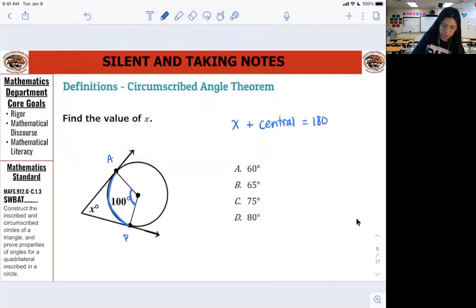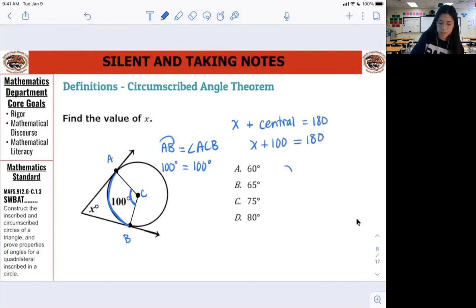I'll call it AB. So arc AB, I'll call this C, is equal to angle ACB. So if the arc is 100 degrees, the angle is also 100 degrees. So Perla was right all along. Subtract from 180, we got 80.